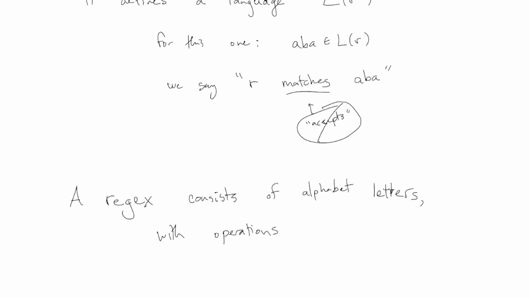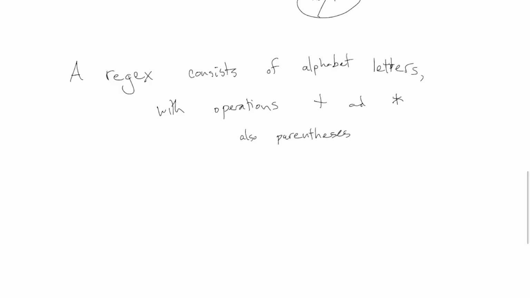The operations are plus and the star, as you saw in that example. These are 2 different operations, and then also parentheses, if you want to count that as another type of operation. I don't know if we're going to get all the way there today, but I would like to describe the meaning of each of these things. I think we can do this in our remaining time, and then we'll do a bunch of examples next time.